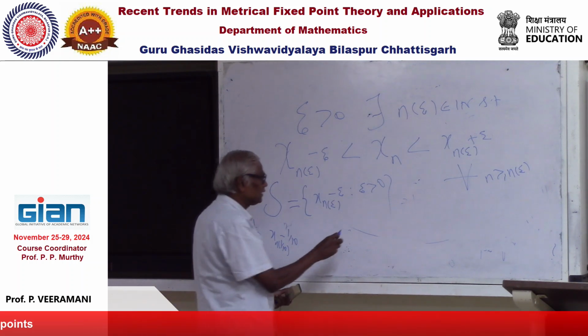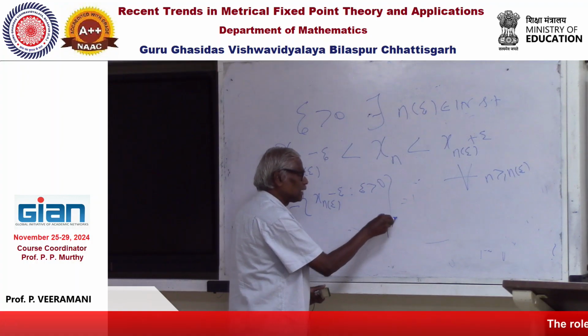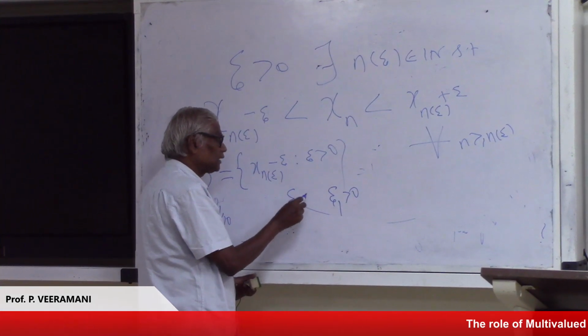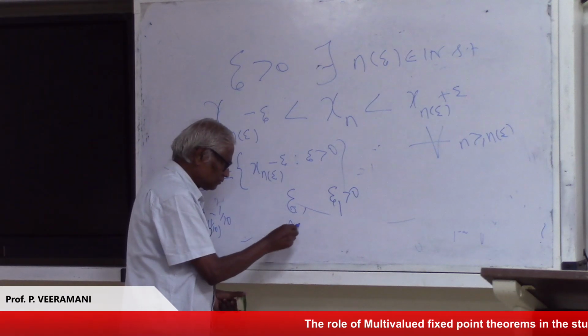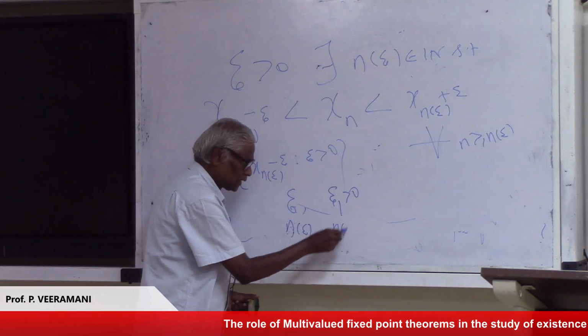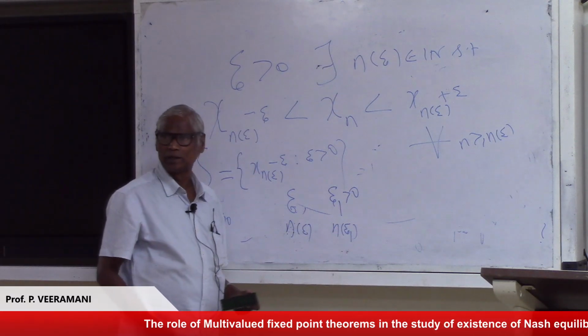Then we proved that if we fix any other epsilon, two at a time, we fix epsilon 1 positive. For this we have n of epsilon, and for this we have n of epsilon 1.